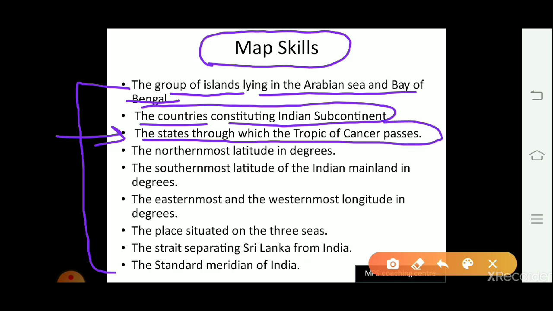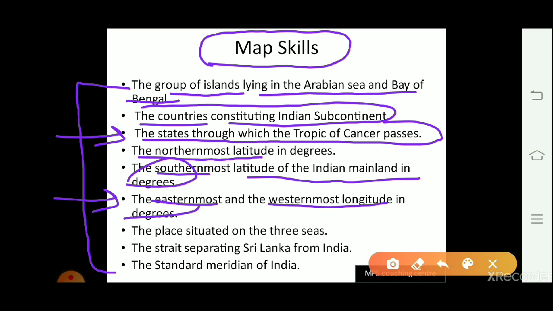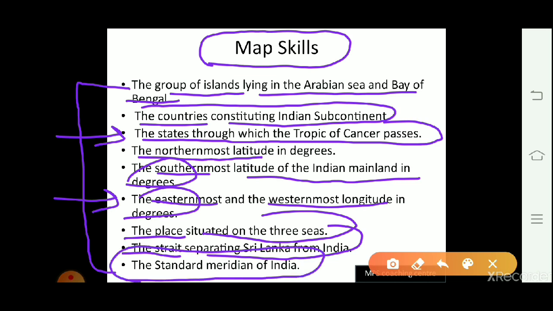Then we will plot the northernmost and southernmost latitude of the Indian mainland in degrees. After this we are going to discuss the easternmost and westernmost longitude in degrees. Then the place situated on 3 seas, the strait separating Sri Lanka from India, and at the end we are going to close with the standard meridian of our country.